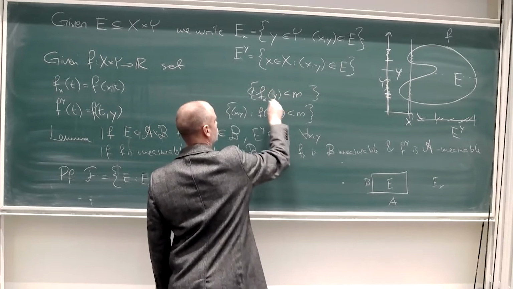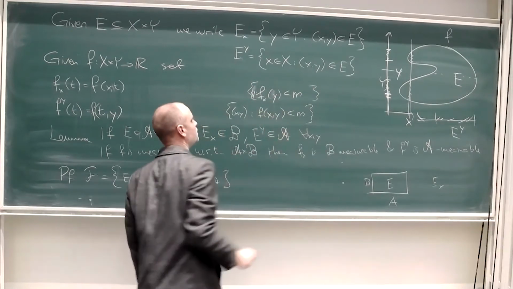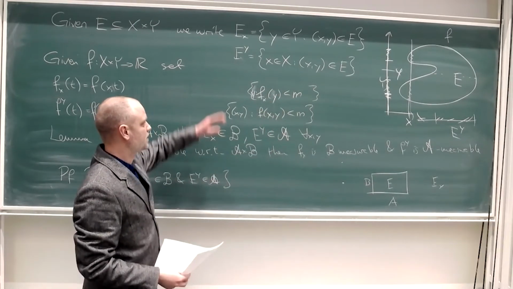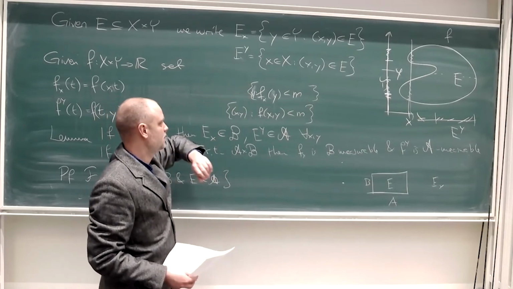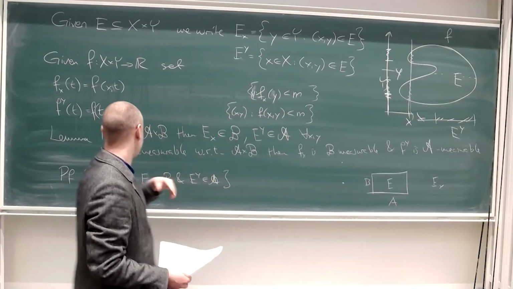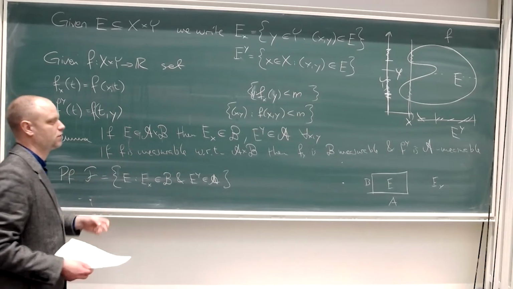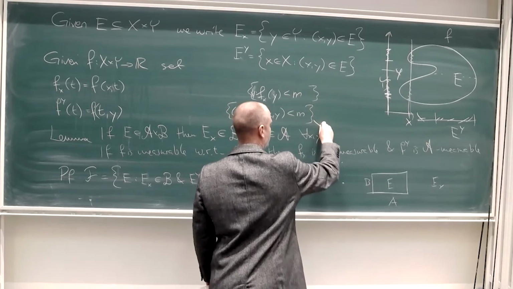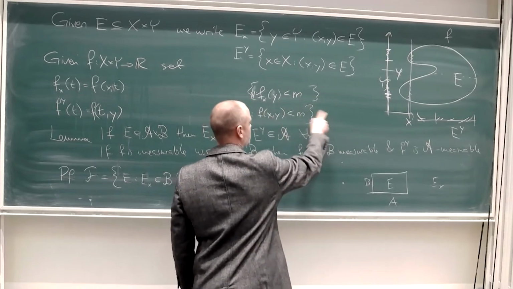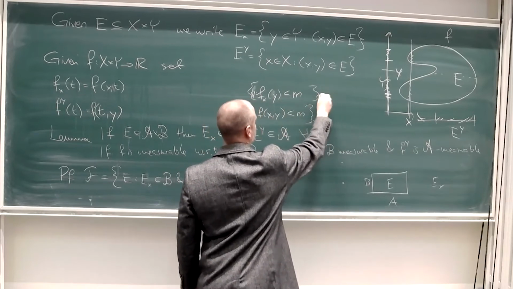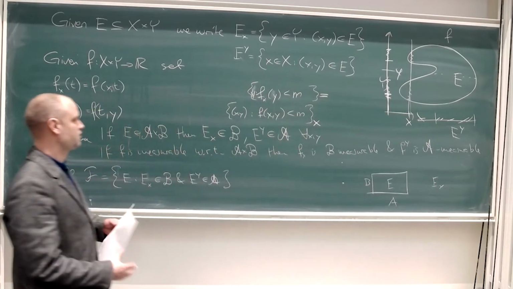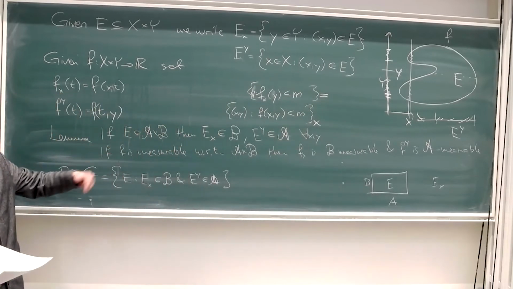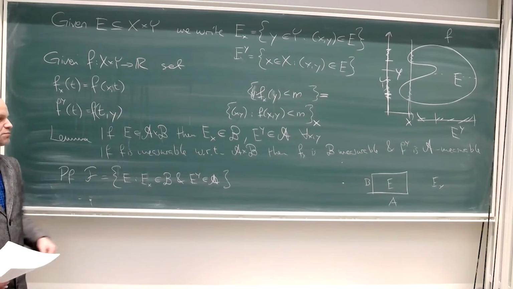Maybe it's easier to just call this y now, okay? So I want to prove that this is a measurable set, right? But this is measurable because f by assumption is measurable. But then you just realize that if I take the x section here, I'm getting this set. So in fact, the second row follows by the first part of the lemma.